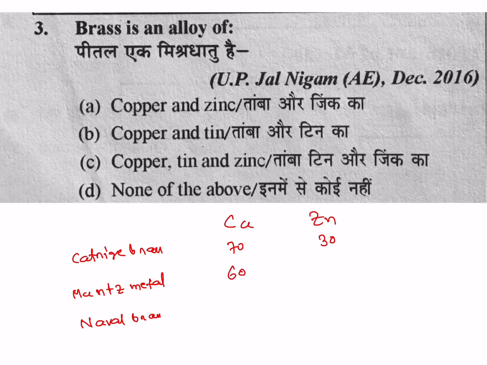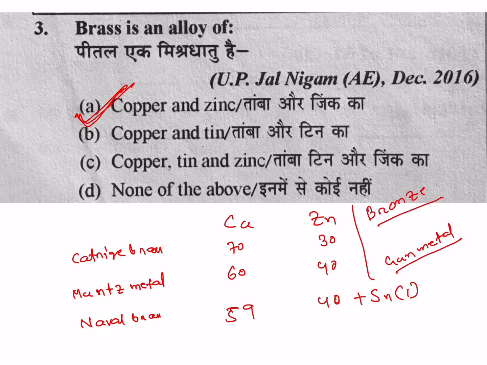Muntz metal is 60% copper, 40% zinc, and naval brass is 59% copper, 40% zinc, plus tin 1%. So from the options, brass is an alloy of copper and zinc. A is your correct answer.